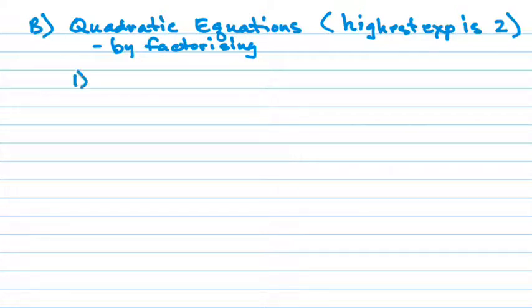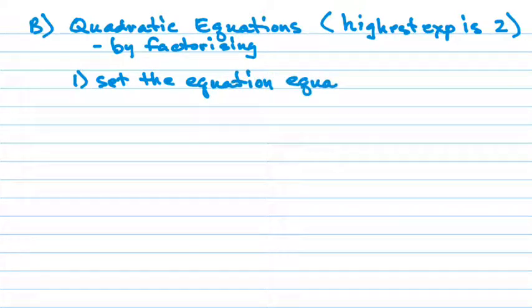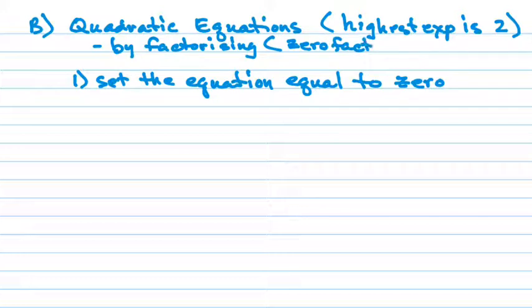First step. Set the equation equal to 0. Factorizing is also known as the zero factor property. The reason for that is because your first step is to set it equal to 0.